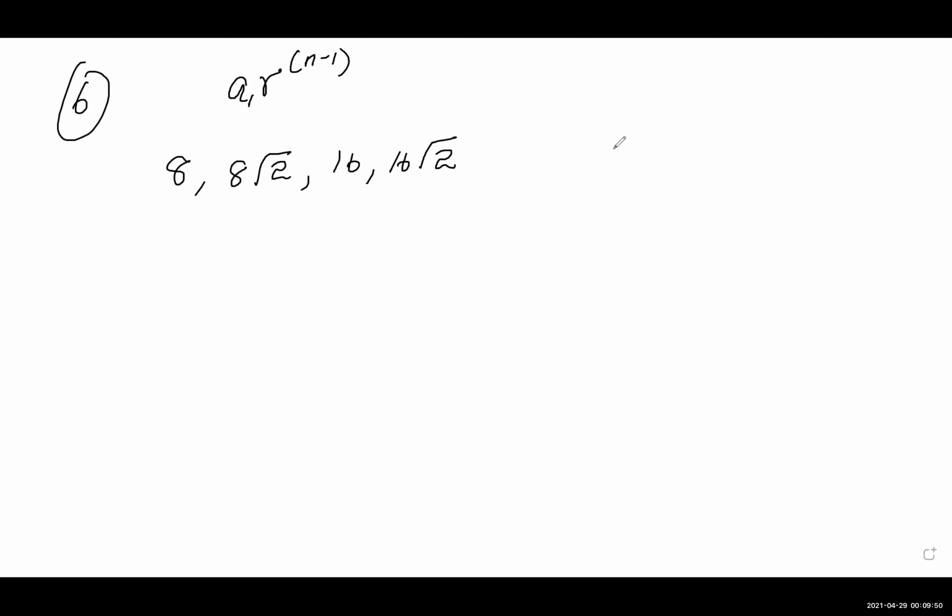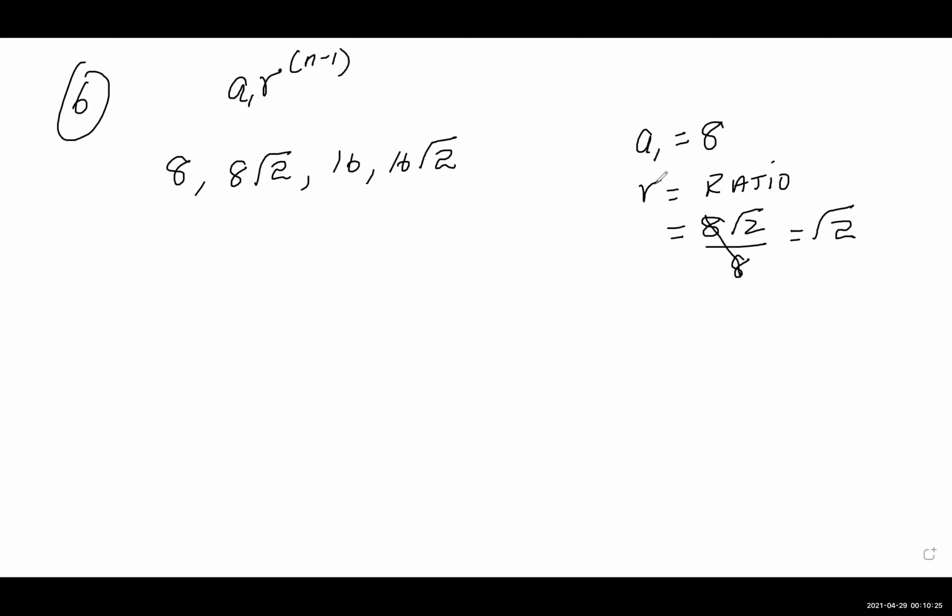Okay, so A1 is the first term, which is 8, right? R is a ratio, the second term divided by the first term. So in order to find R, you take the second term, 8 square root of 2, and divide it by the first term. Okay, that's the ratio. If you divide these two, you're going to get square root of 2, which is your R value.